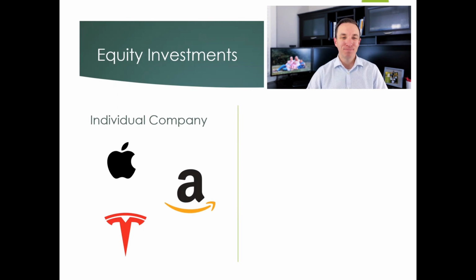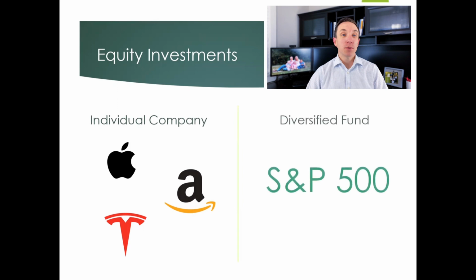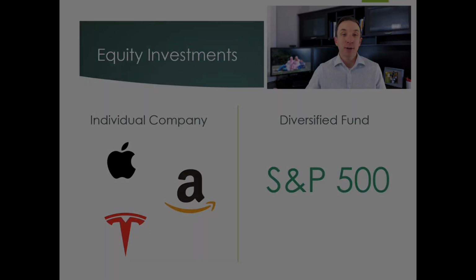The other way to own stock is to purchase shares in a fund that is already invested in equity. For example, an index fund or an exchange-traded fund, commonly known as an ETF, that's based on the S&P 500. The S&P 500 is a broad market index fund that tracks and measures the stock performance of 500 of the largest companies whose stock is traded in the United States.